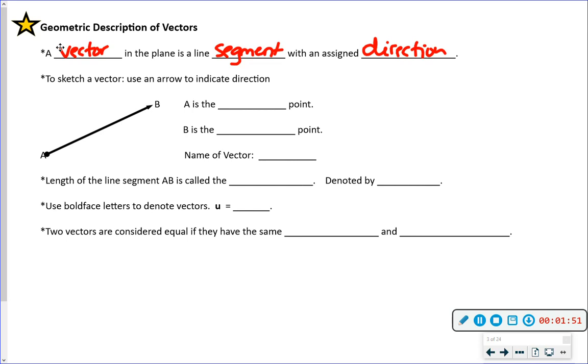Now to draw or sketch your vector, notice you have a point, a dot, and an arrow. A, of course, is your starting point. We give that a fancy name, the initial point. And B, of course, is where we end up, our final, our terminal point.